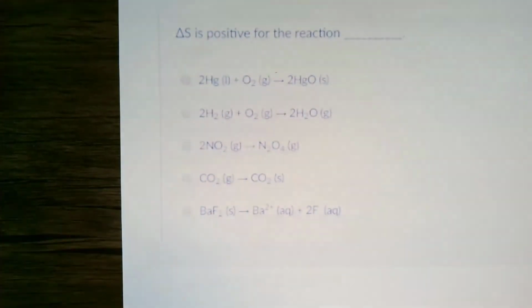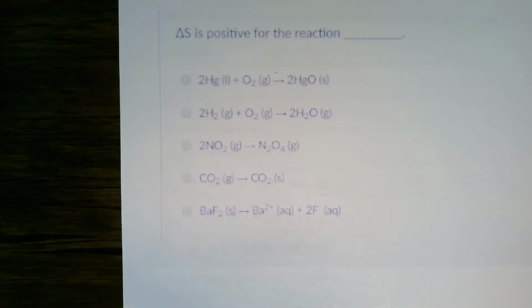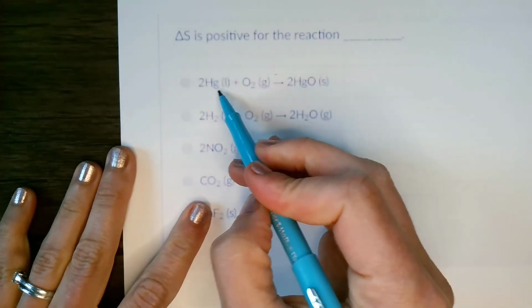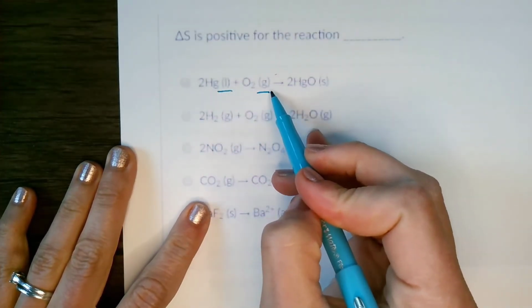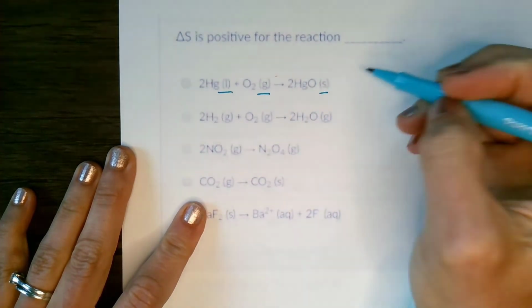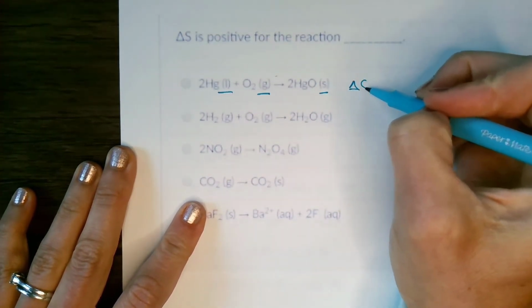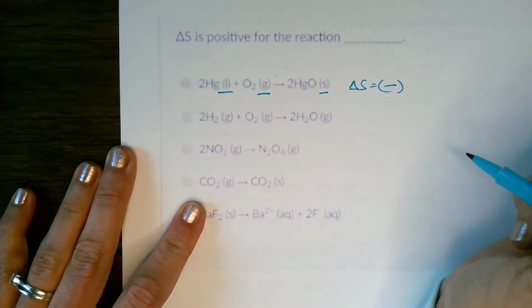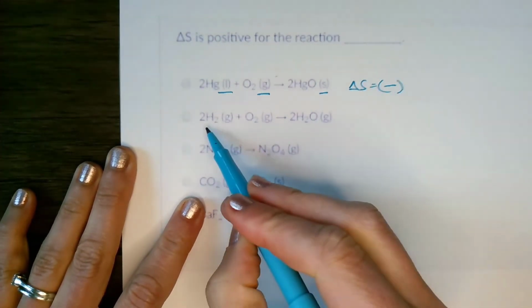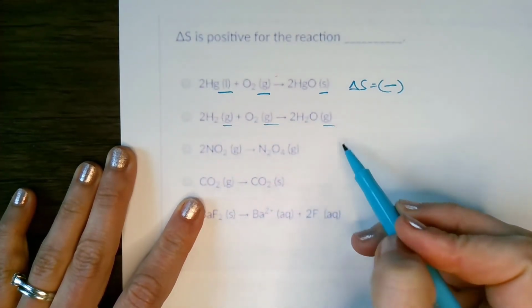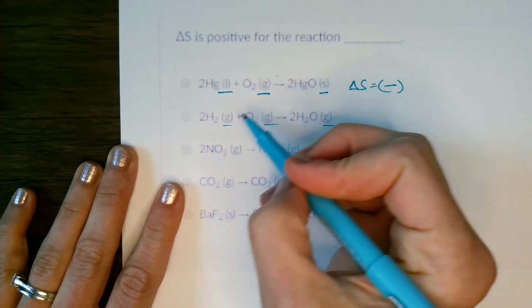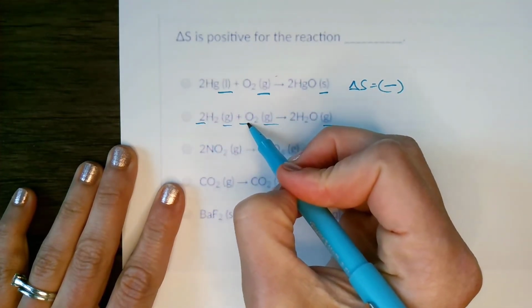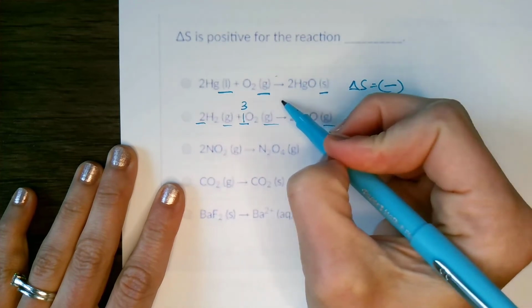Let's look at another. Delta S is positive for which reaction? Well, we've got a liquid and a gas combining to form a solid. So our delta S is negative. It's becoming more organized. Let's look at this one. We've got gas, gas, gas. Let's look at quantity of gas.